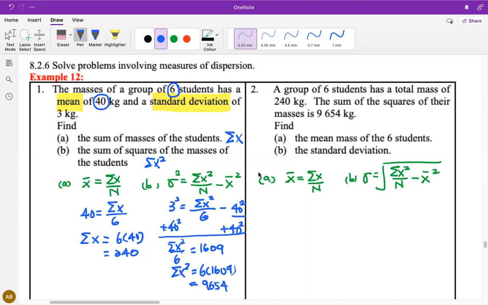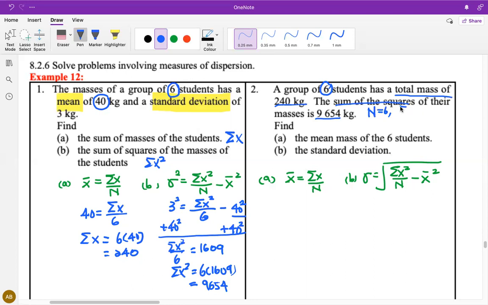Right. So number 2, a group of 6 students also with a total mass of 240 kg, and the sum of squares is 9654. So we need to change all the wording into maths equations first. So n is 6.